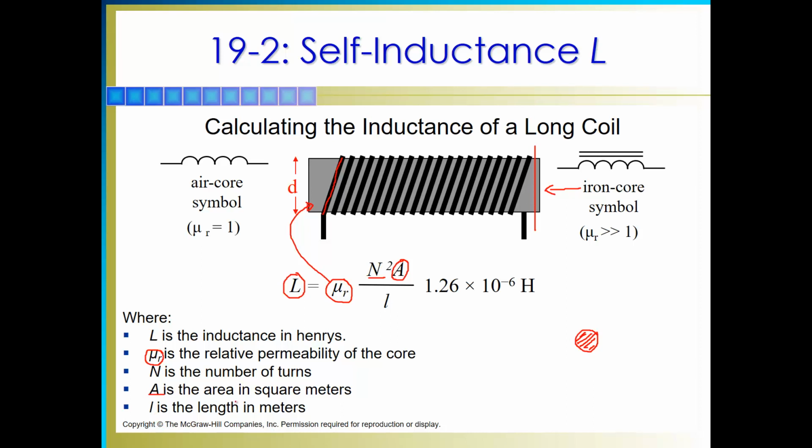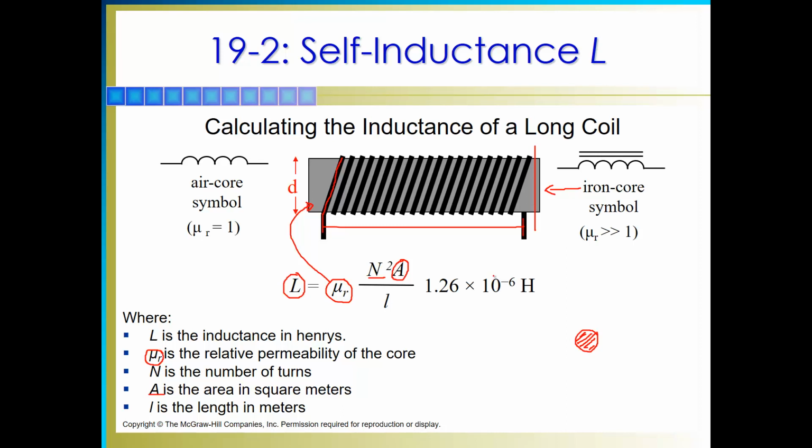And L in the bottom, the little L right here, is the length, and the units will be meters. So the area is in square meters, the length is the distance measurement. Okay, so the length from here to here, that is the length of the inductor.